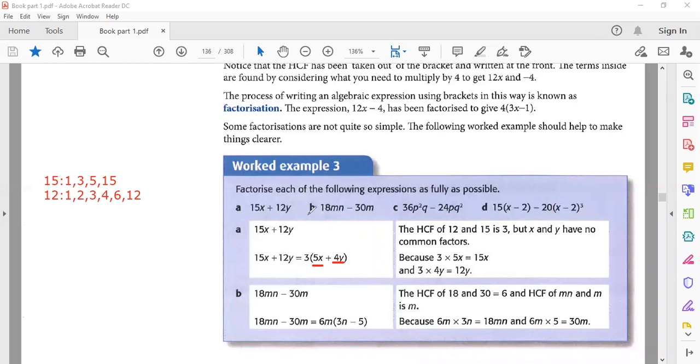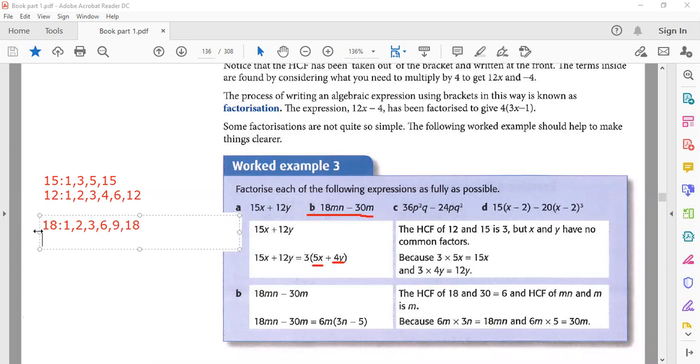Now same like this, here is 18m and 30. Which number is common in both these cases? Let's suppose I write here the factors of 18. Factors of 18 are 1, 2, 3, 6, 9 and 18.